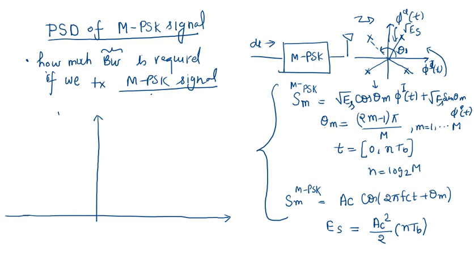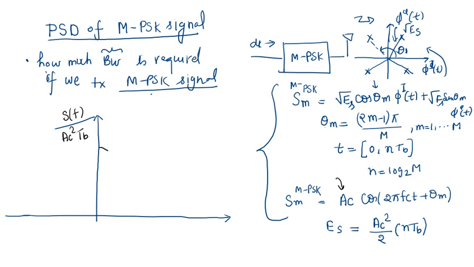So if we plot the normalized power spectral density of the PSK signal, we are normalizing this by Ac squared Tb. Just remember, Ac is the amplitude of the output of the M-PSK transmitter.